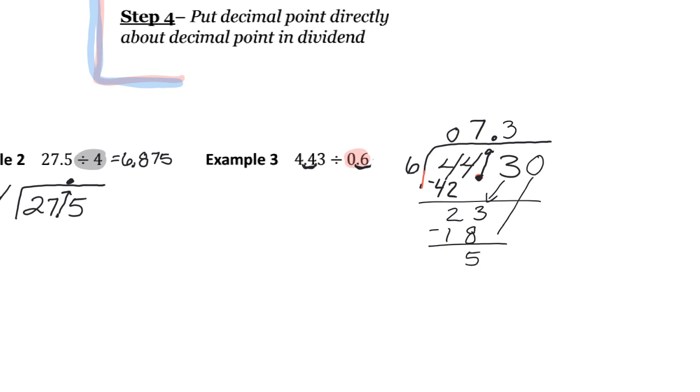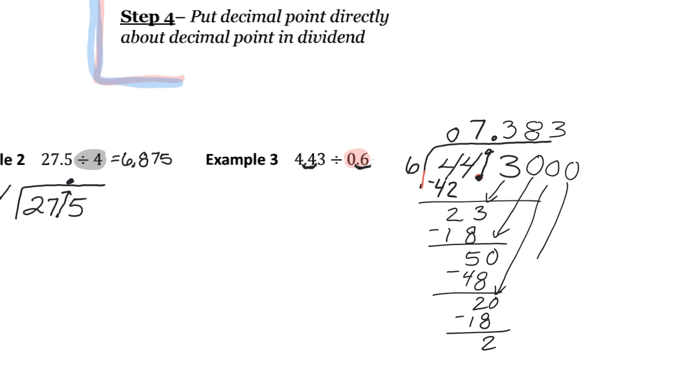Don't forget, you can just start to add zeros. Okay, and keep on going until hopefully we get down to 0, which is 3. So hopefully you're doing what I'm doing, which is trying to get that down to 0.